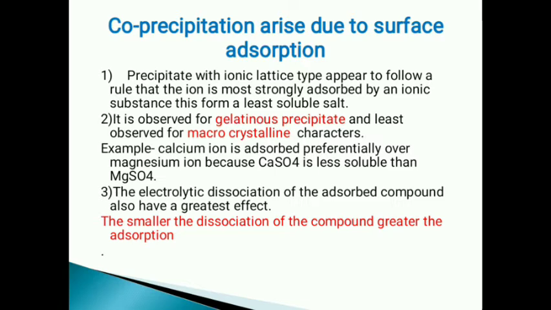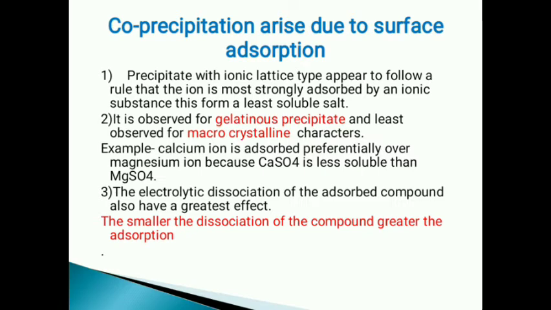For example, calcium ion is adsorbed preferentially over magnesium ion because calcium sulfate is less soluble than magnesium sulfate. Here the most important part is that the nature of the precipitate plays an important role in deciding whether the impurity is adsorbed or not.